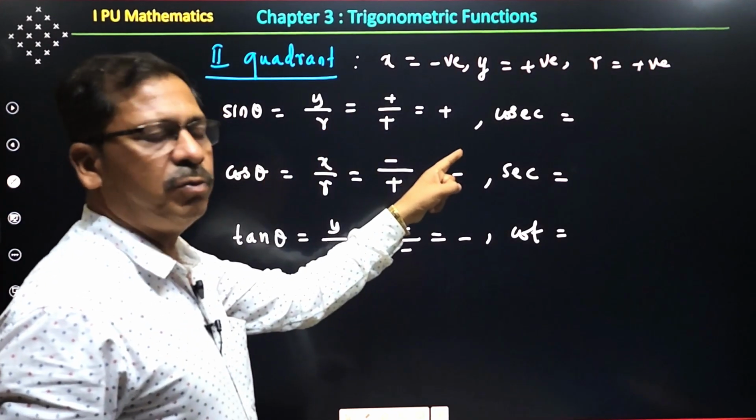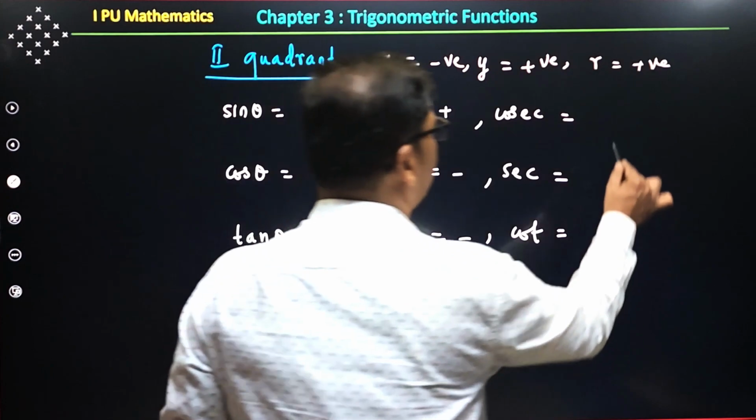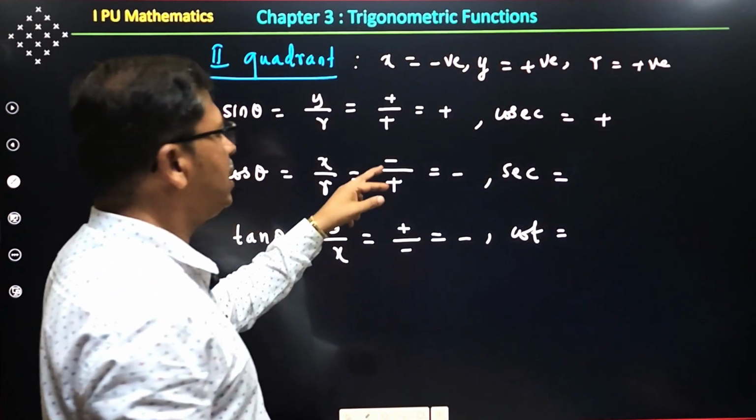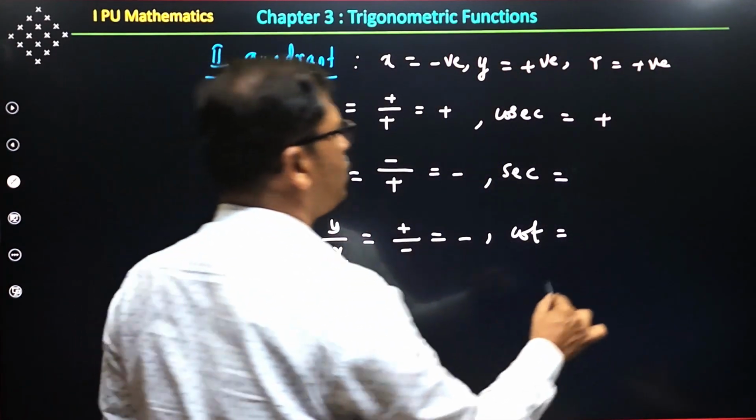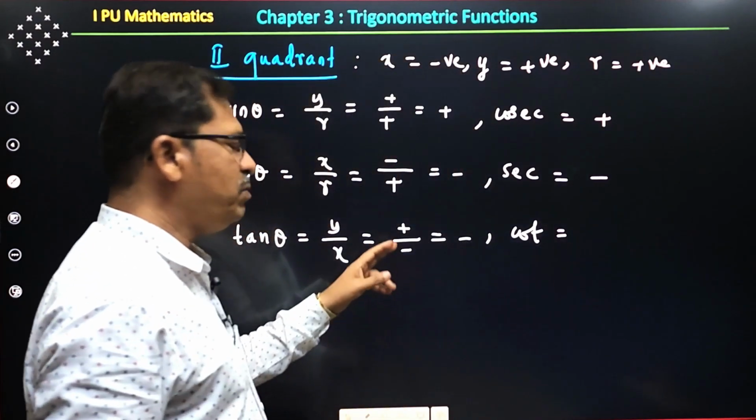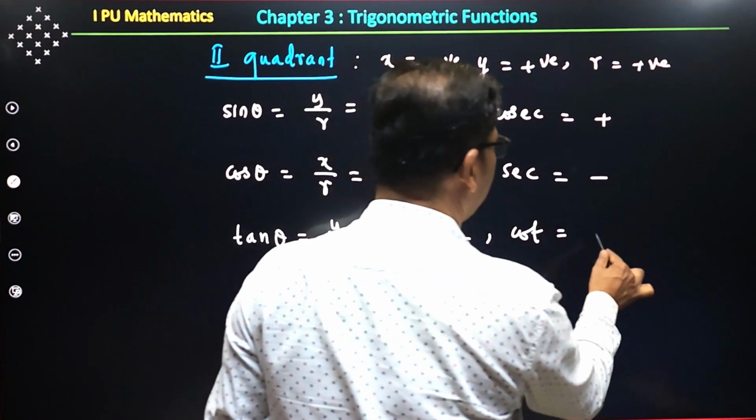Sin theta is the reciprocal of cosec theta. So again it is positive, no doubt. Here minus by plus becomes plus by minus, so it is negative. And plus by minus becomes minus by plus, it becomes negative.